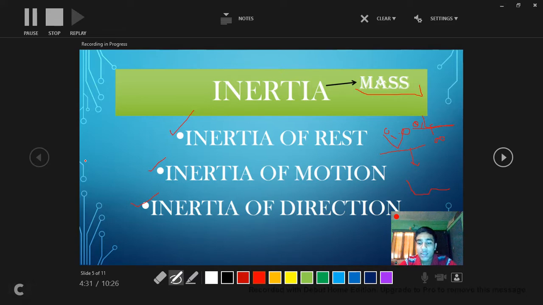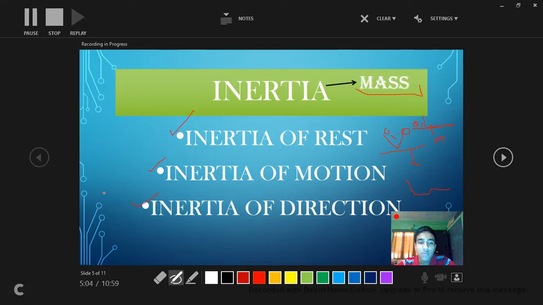You will notice that you will move back, you will hit the back of the seat, at a high change in velocity, if you start from 0 to high velocity. Why? Because of the inertia of rest. The car is at rest, so it will try to continue its state of rest. So that's why it is pushing you back, so that you are in contact with the seat of the car, to be at rest with respect to the car.